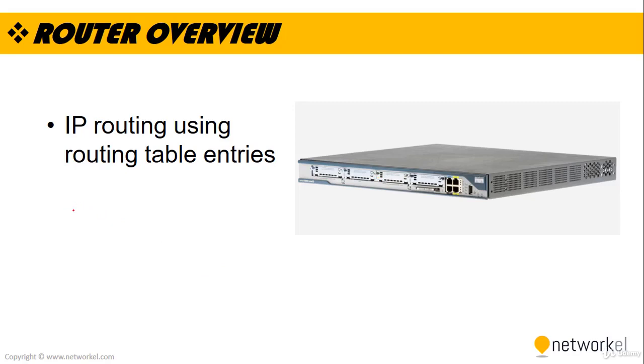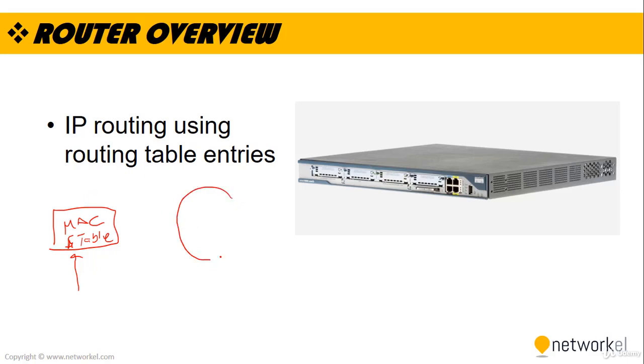If you remember from our previous slides, on the switch there was a MAC address table, and switches were doing the switching by using the MAC address entries in the MAC table.